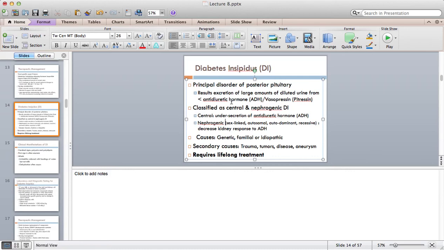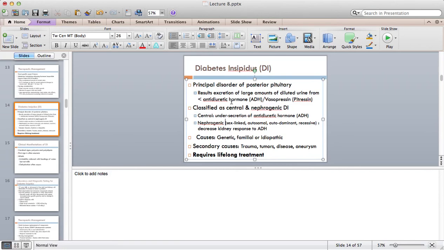So what happens in diabetes insipidus is that because of that deficiency in the antidiuretic hormone, which concentrates the urine, it's not doing what it's supposed to do.